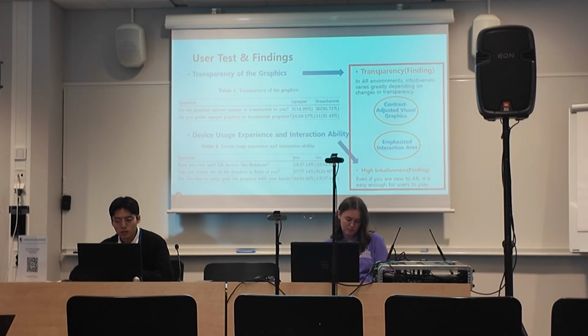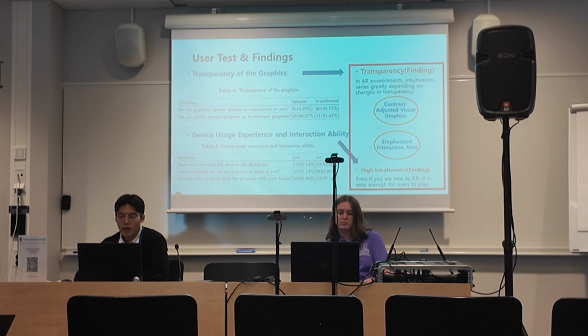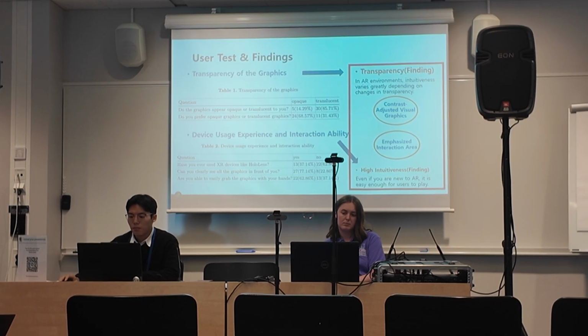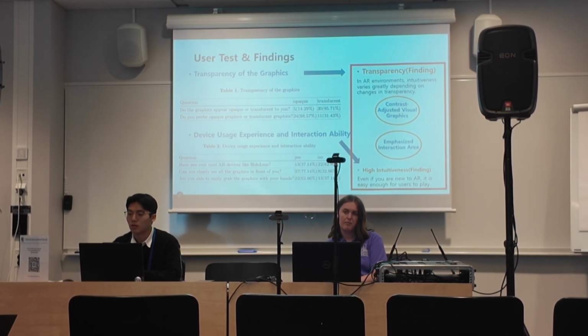This means we needed to make our virtual objects more opaque. We added graphic contrast effect to create a stronger sense of opacity. Based on the feedback, we made the graphics opaque when users interact with the object, helping them focus on the interaction.